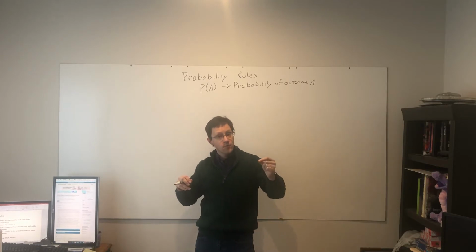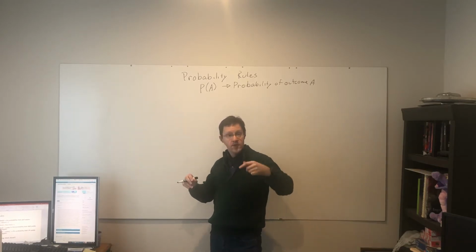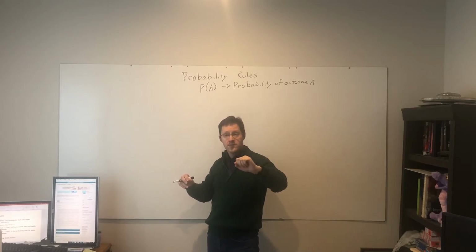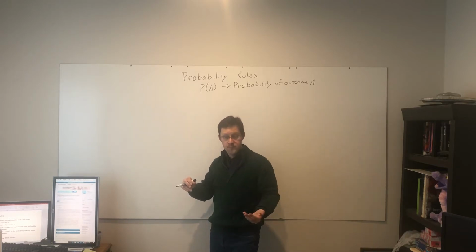The first rule, remember, is that the probability is the frequency of that outcome divided by the frequency of the event which could have led to that outcome.